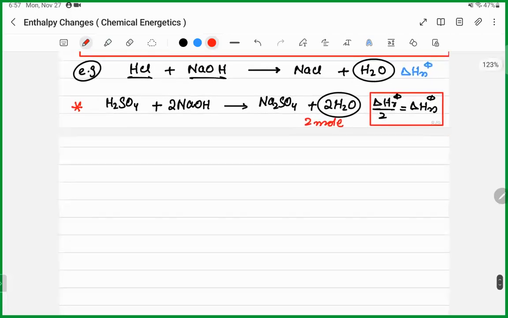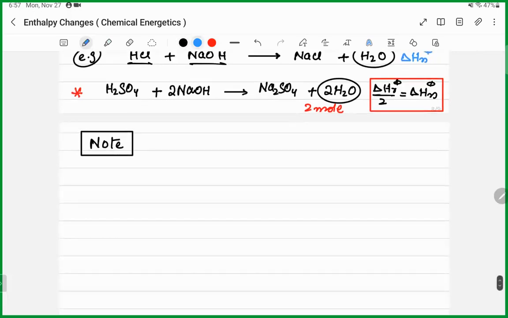एक और बात नोट करते हैं यहाँ पर. And it is very important. देखिए जनाब, मुझे बताइए कि combustion of hydrogen की equation क्या थी? H2 plus half O2 forming H2O.